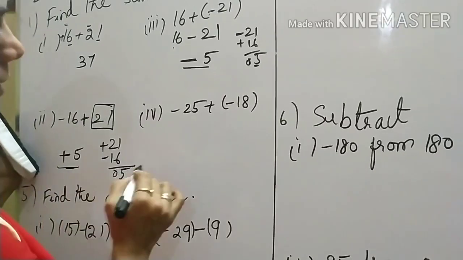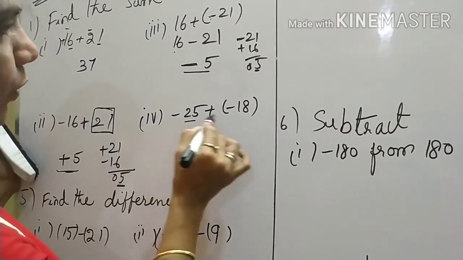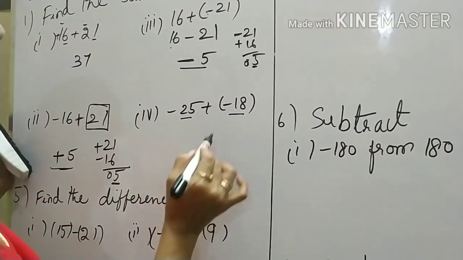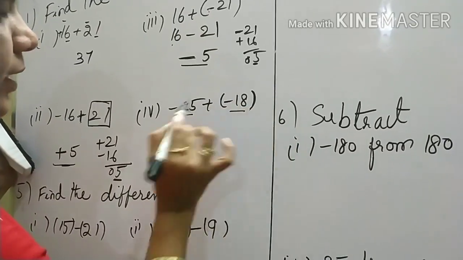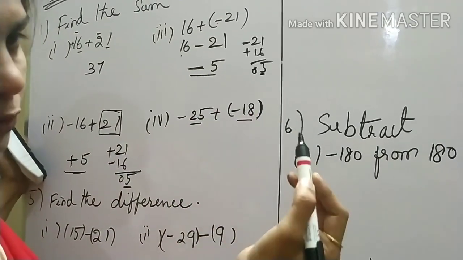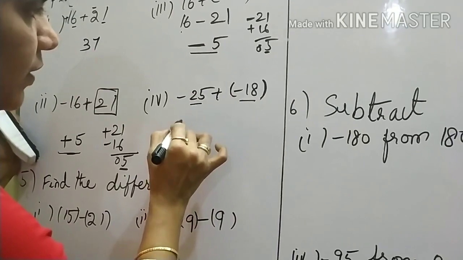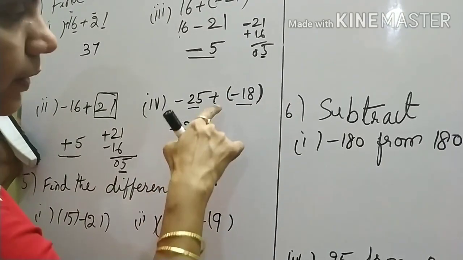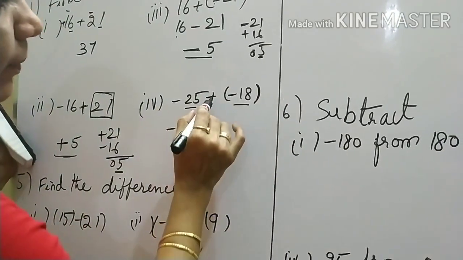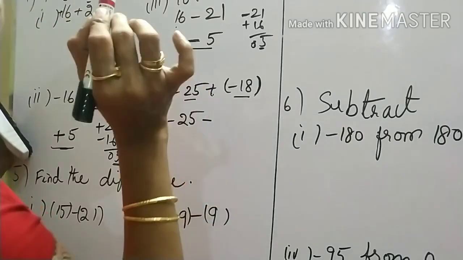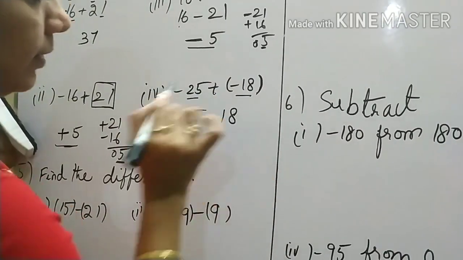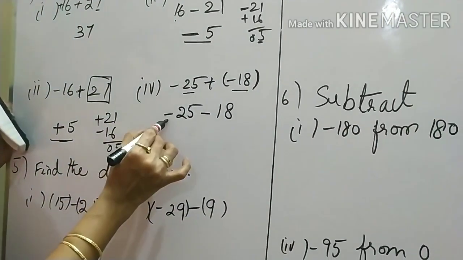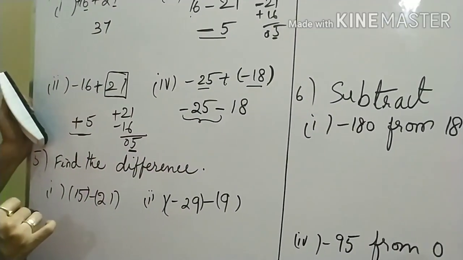Okay, that is plus. Now see this one, minus 25, minus 18. Here you have a bracket, right? Bracket means always multiplication. So plus into minus. First I am writing this one as it is. Now I am checking this one. Plus into minus, always minus. Minus 8. So both are minus only.